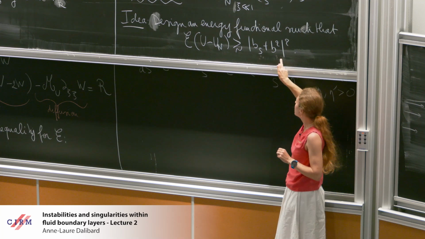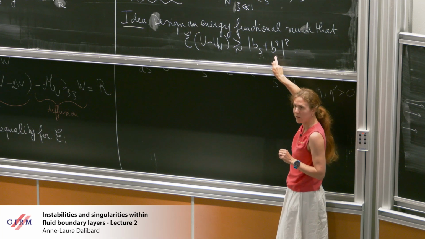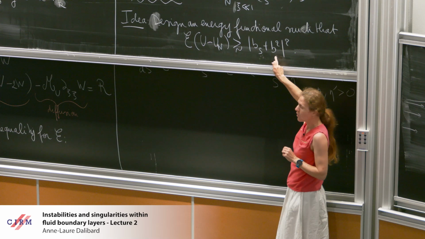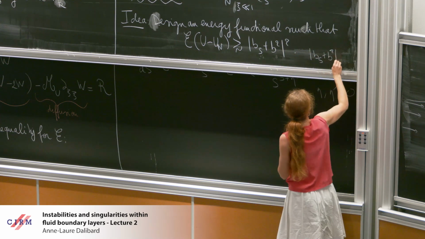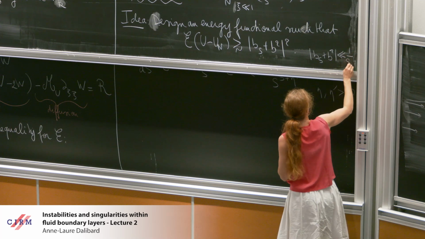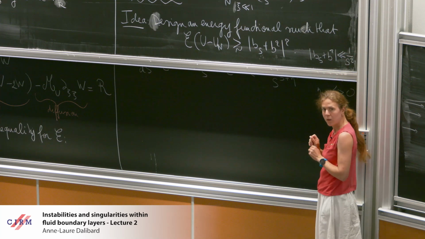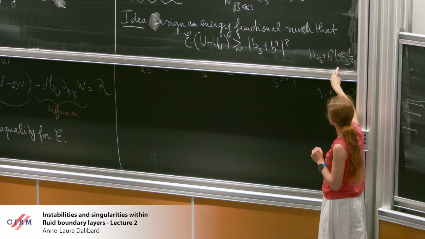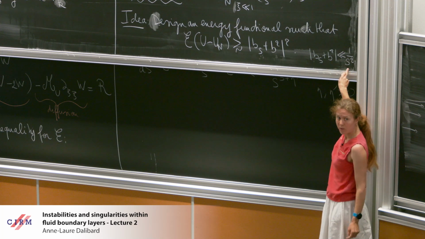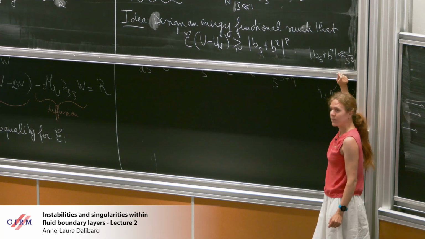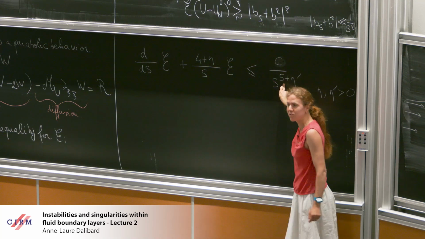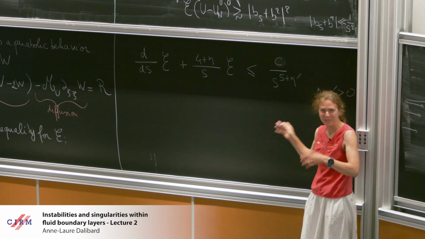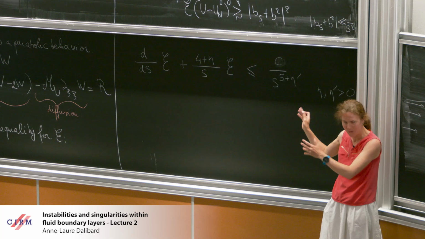So eventually, you want to prove that bs plus b squared is much smaller than 1 over s squared, say. So you want to prove that your energy is much smaller than 1 over s to the 4. This is why I have a 4 here and a 5 here. It's not random. You actually need this numerology.